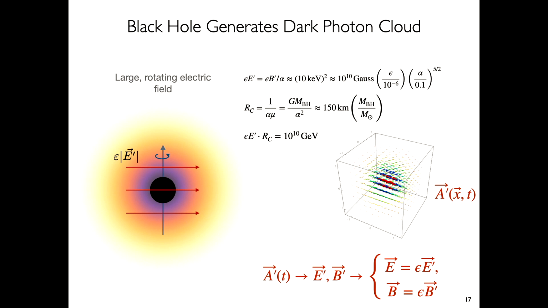So if you take this epsilon parameter at the current experimental bounds from cosmological constraints, the effective electric and magnetic fields are order billions of Gauss.